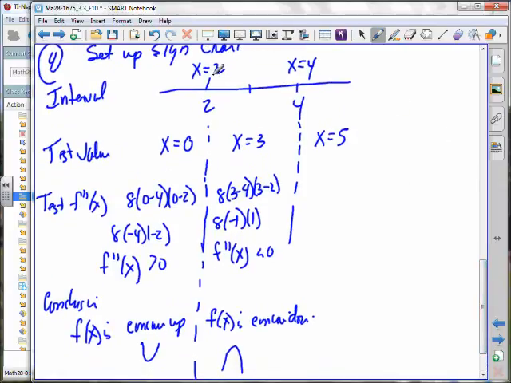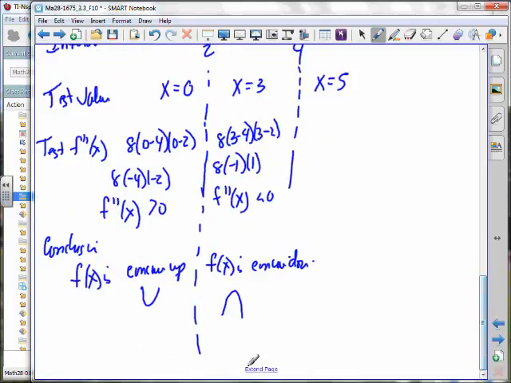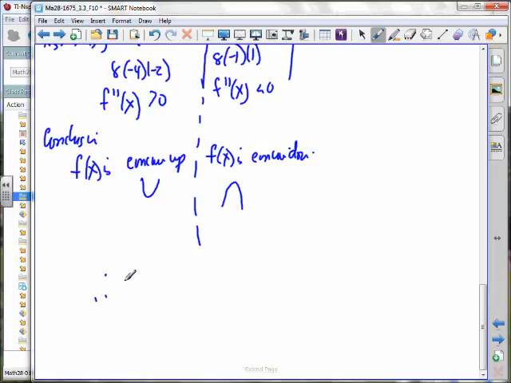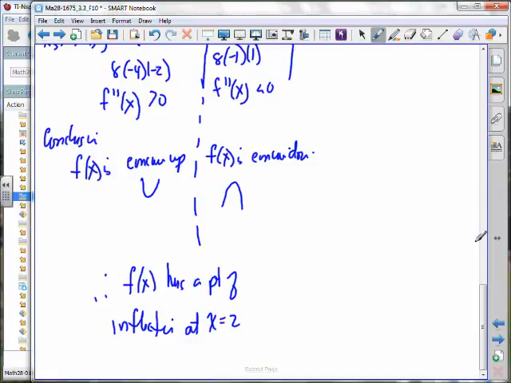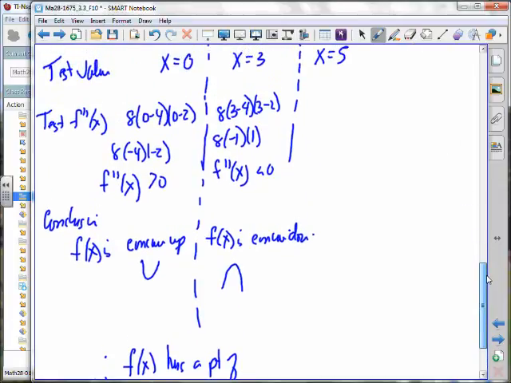Is that a point of inflection? Did concavity change? Yes. Okay. So we can say, therefore, f of x has a point of inflection at x equals 2. Well, what about at x equals 4?